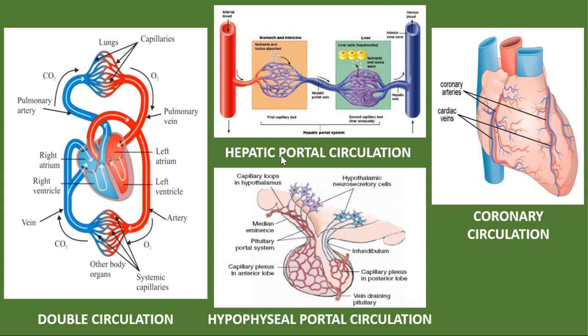So here two kinds of portal circulation I have written. Number one, hepatic portal circulation, and number two, hypophyseal or pituitary portal circulation. So first, number one, hepatic portal circulation.